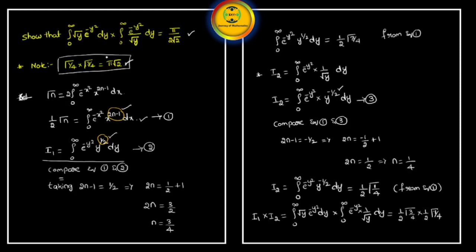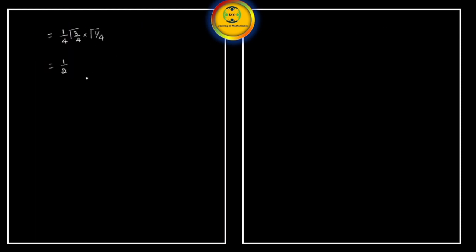Now this will be equal to 1 by 4 into gamma of 3 by 4 into gamma of 1 by 4. As we know, the value of gamma of 3 by 4 into gamma of 1 by 4 is pi root 2. So here I can write pi root 2, divided by 4. Now 4 can be written as 2 into 2, and 2 can be written as root 2 into root 2.